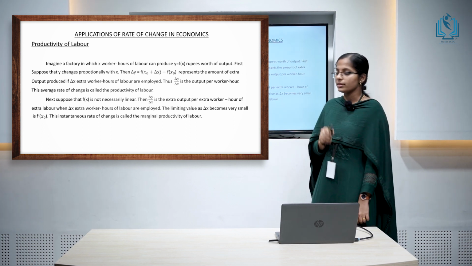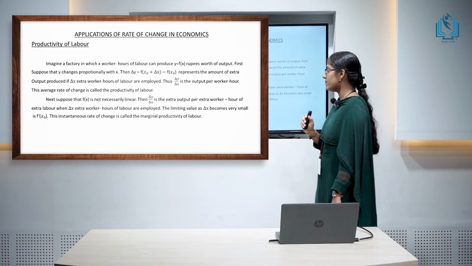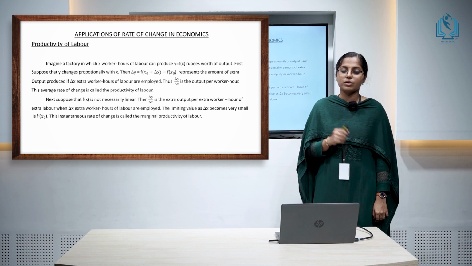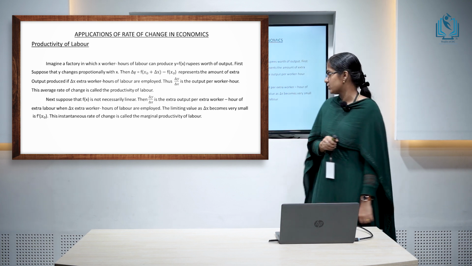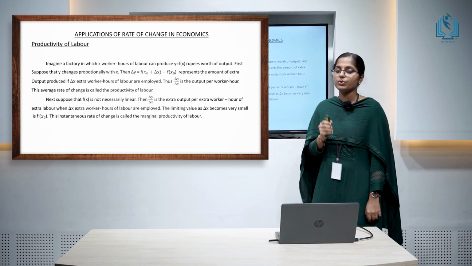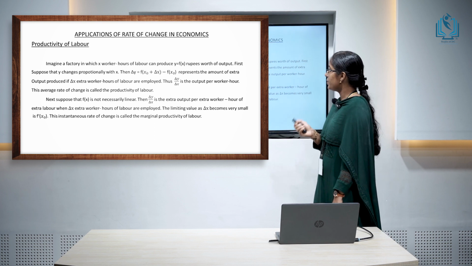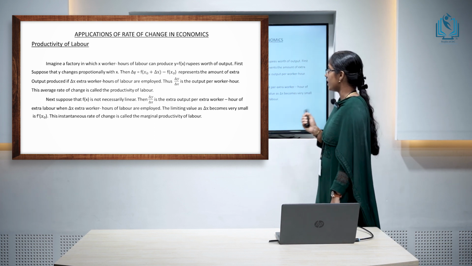First, suppose that y changes proportionally with x. Then delta y is equal to f of x naught plus delta x minus f of x naught, which represents the amount of extra output produced if delta x extra worker hours of labor are employed.